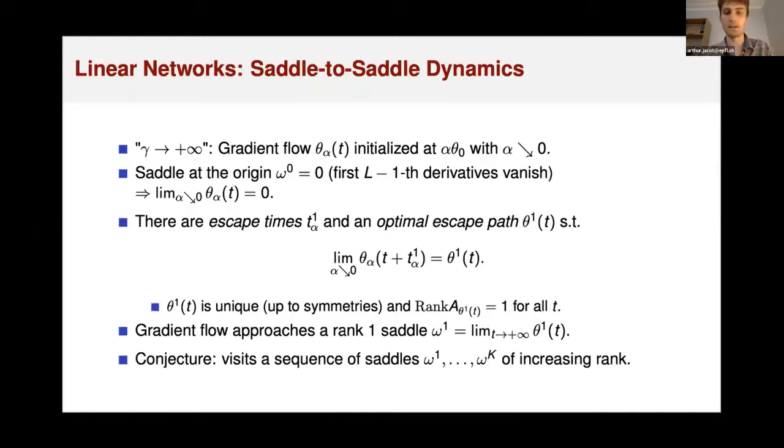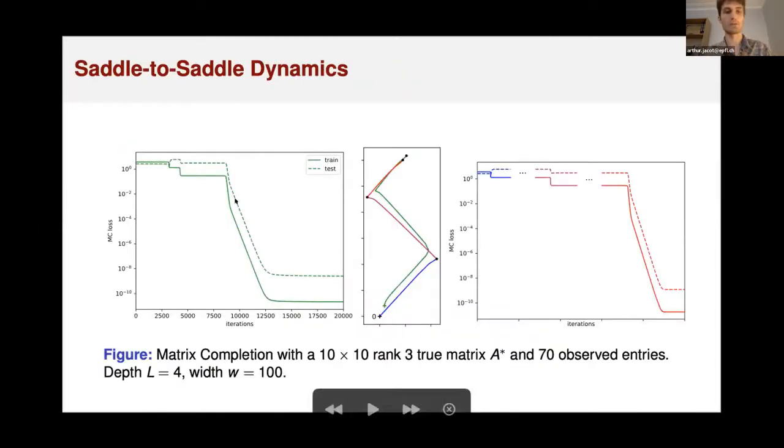Let me show some plots to help you visualize what's going on. So when you take this initialization, for a very small initialization, that's the train and test error in time. That was for a matrix completion cost, which is slightly different than the mean squared error cost. You take a matrix, in this case a 10 by 10 matrix, which is low rank, and you observe only 70 entries of the matrix, and you want to recover the last entries.